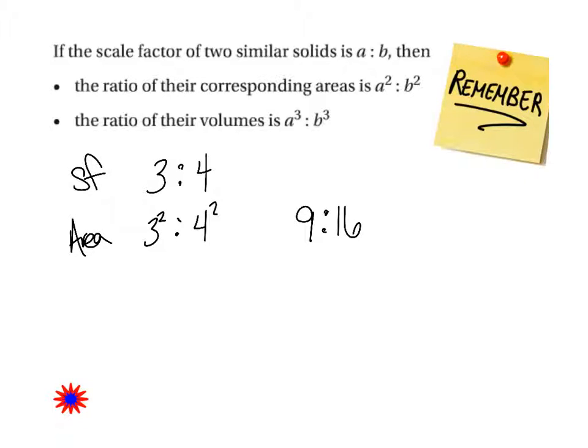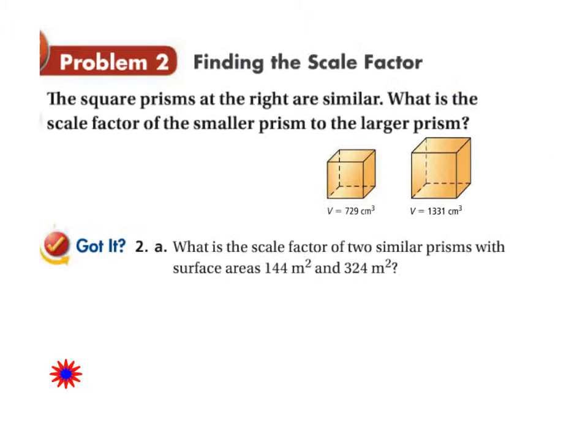That would be the ratio. If you had a volume and it started off with a 3 to 4 on the sides, the volume would have a ratio of 3 cubed to 4 cubed, or 27 to 64. Okay, let's try using that.